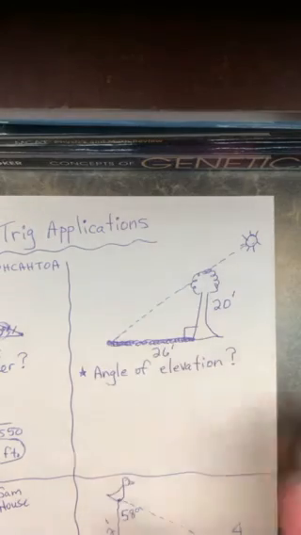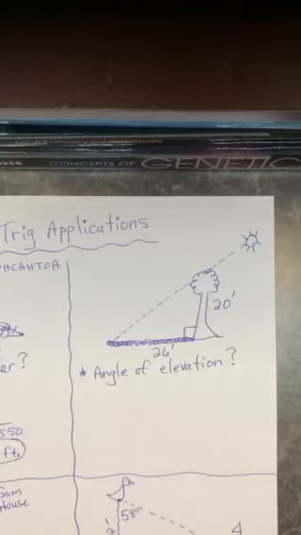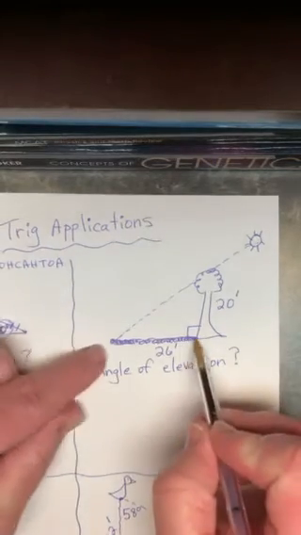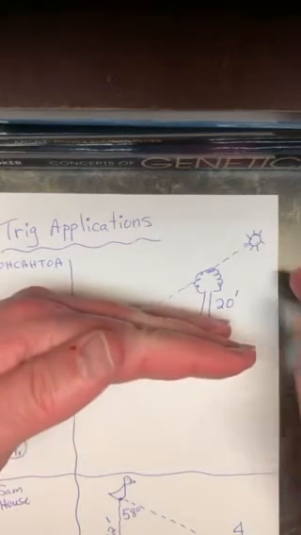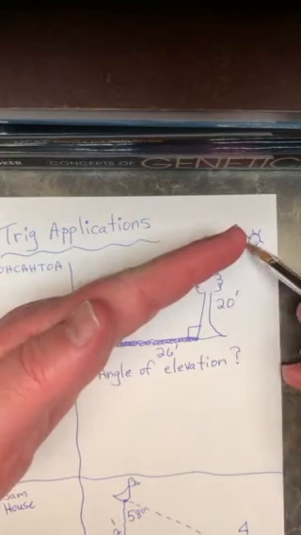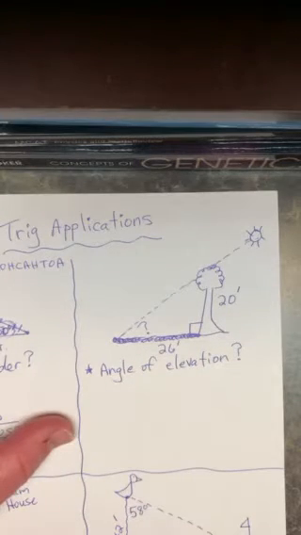Agreed? All they want to know is, hey, this time, instead of finding the missing side like that ladder, what is the angle of elevation? So if you're standing out here at the end of that shadow and you had to elevate your eyes and your eyes looked up to the top of the tree towards the sun, what would this angle of elevation be?